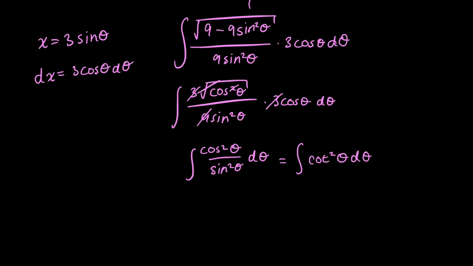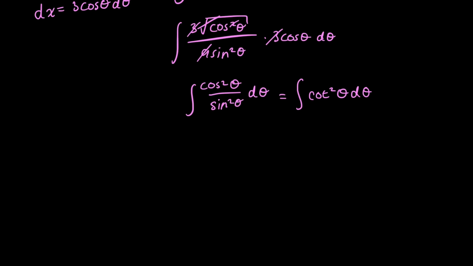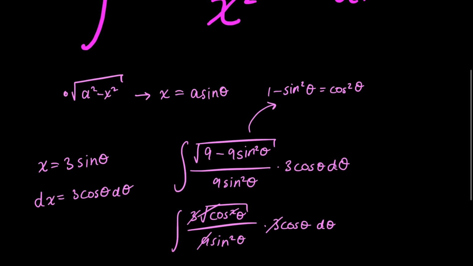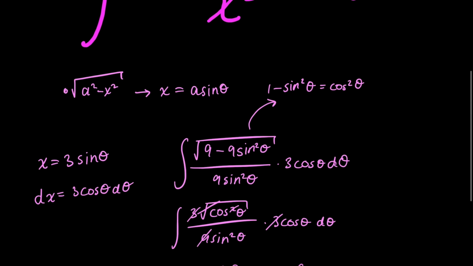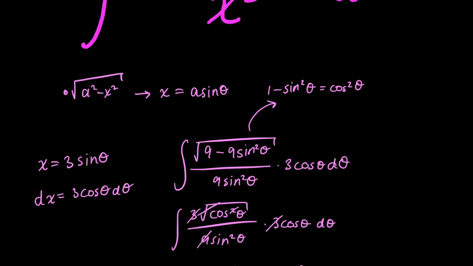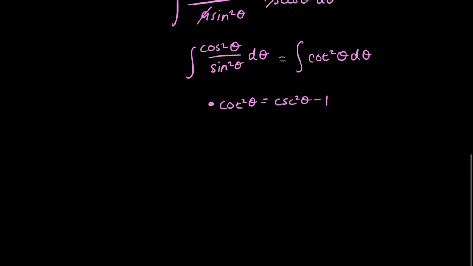The way I'm going to do this is by utilizing another trig identity, and that one is that cotangent squared theta is equal to cosecant squared theta minus 1. The way I get this is by starting off with sine squared theta plus cosine squared theta is equal to 1.